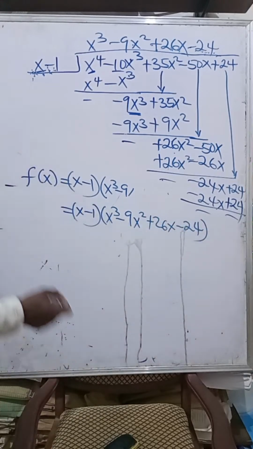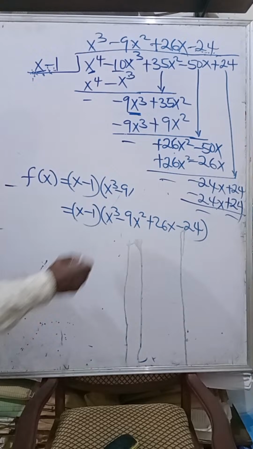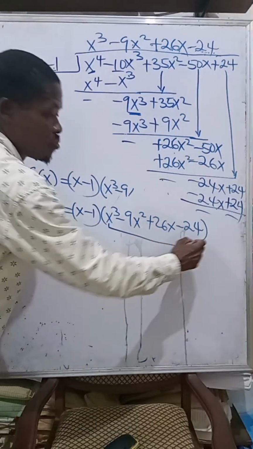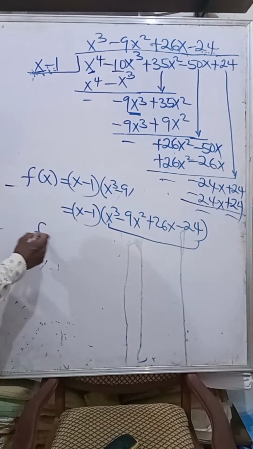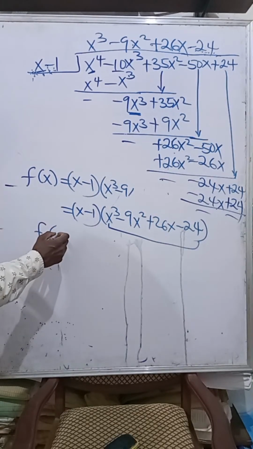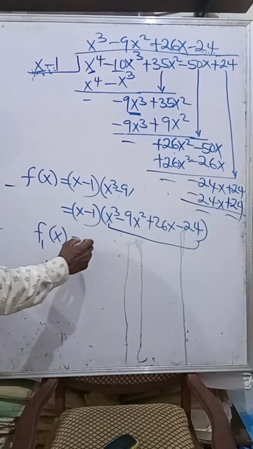So that's what we have. This one is still a polynomial of power 3, so we're still going to use trial and error. Let's call it f1 of x.